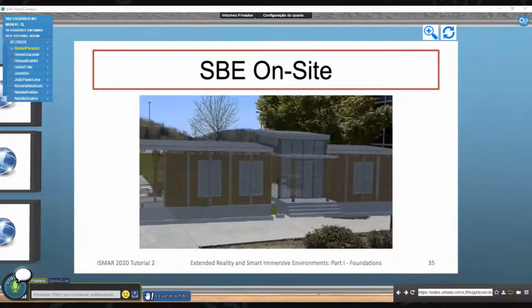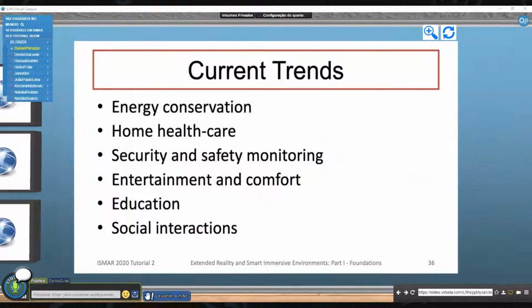So as we look at the current trends and what is important with smart built environment, obviously one of the most important things is energy conservation, how we can build or provide some services that help conserve energy. For example, automatically turning on and off the lights, reducing heating or cooling in rooms that are not occupied.